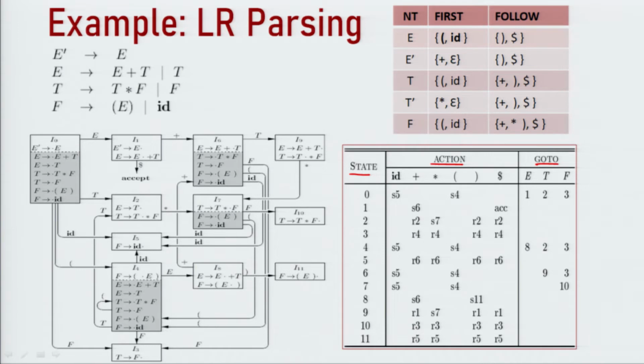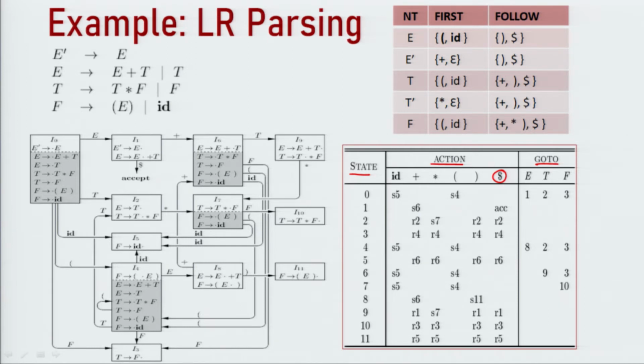So, total 12 states are there. Now, next is action. In action here we will write all the terminals in the grammar along with dollar. So, we will create a column for every terminal, and 1 for dollar. Now, in goto what will we do? In goto we will write all the non-terminals.